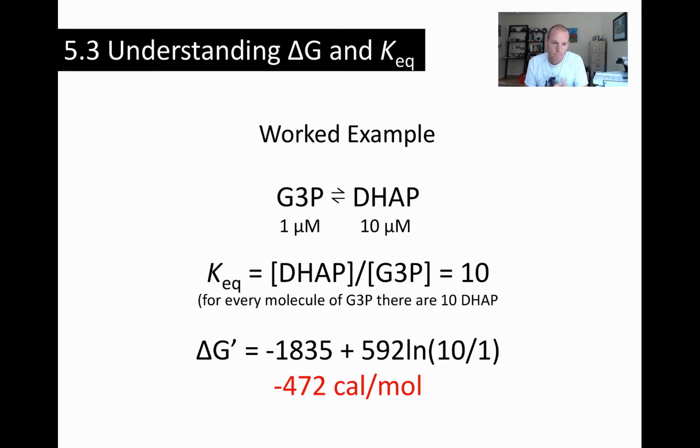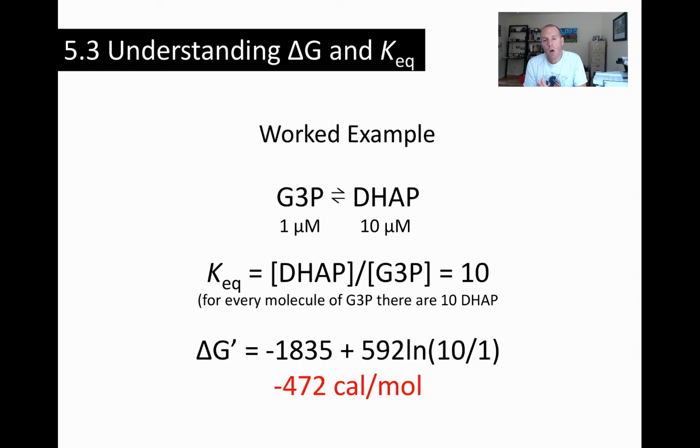So in cells, now these vary obviously under different nutritional conditions, but the concentration of glyceraldehyde 3-phosphate is 1 micromolar, and the concentration of dihydroxyacetone phosphate is 10 micromolar. That means that for every molecule of G3P there are 10 DHAP. So when you calculate the equilibrium constant for this, it's 10.